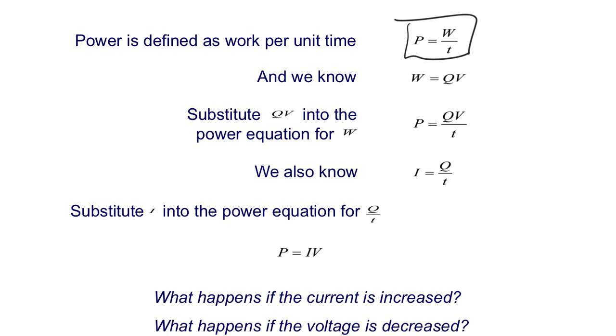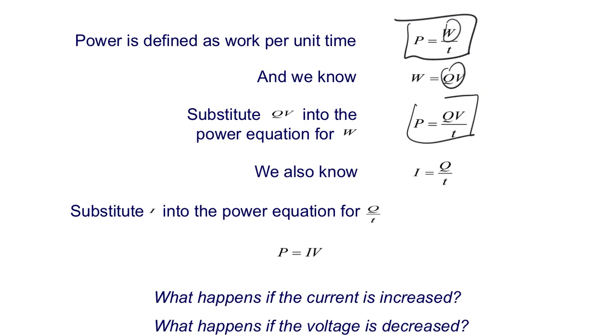And when we talked about potential, work is Q times delta V. So the charge times the potential that's moving through. Then we can just substitute work for QV, and so we get this equation right here.